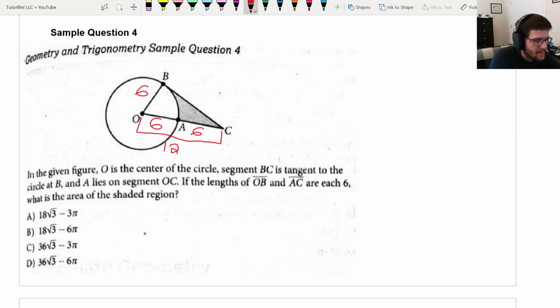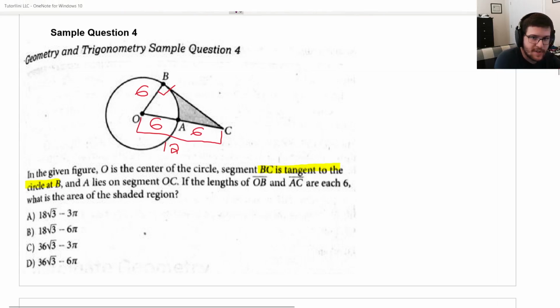It also says BC is tangent to the circle at B. So that tells us that this guy is a right angle. So let me just draw this off to the side.